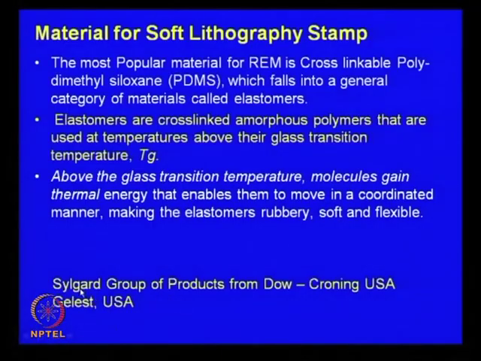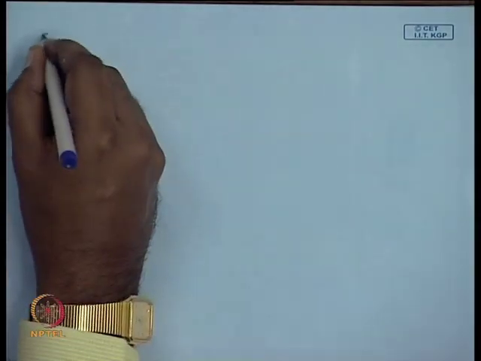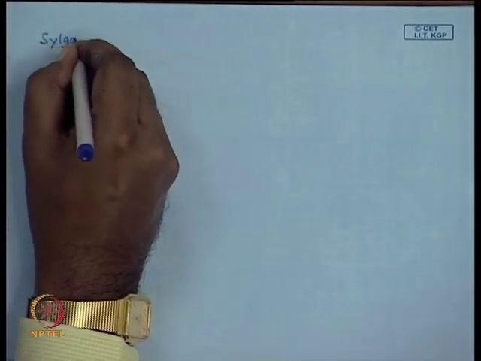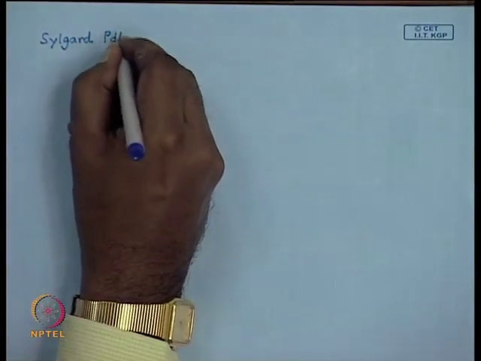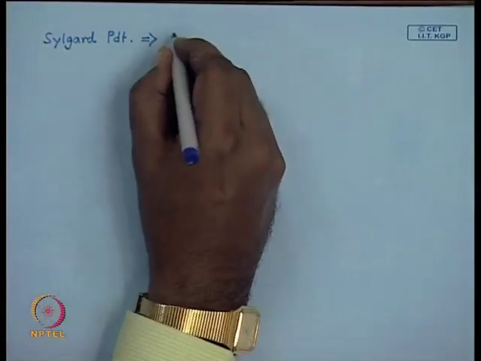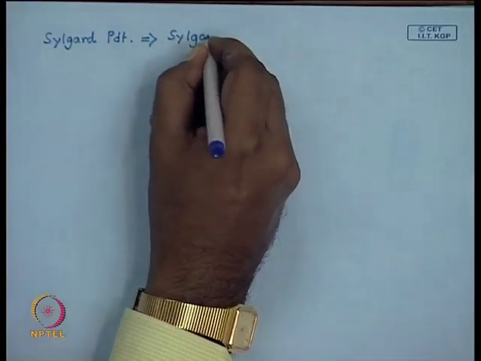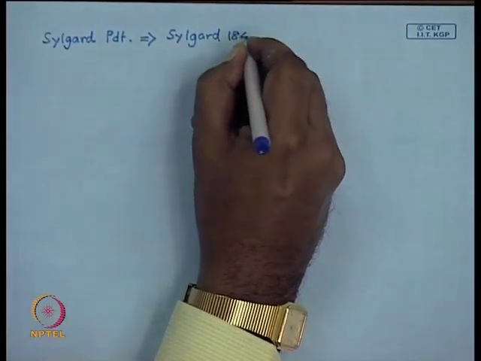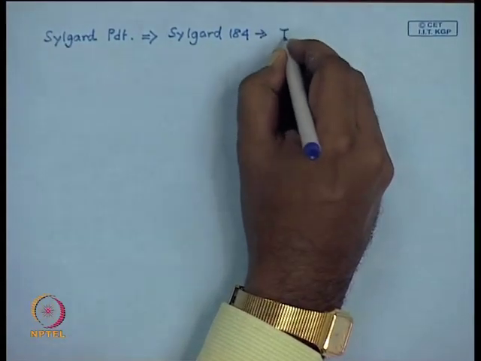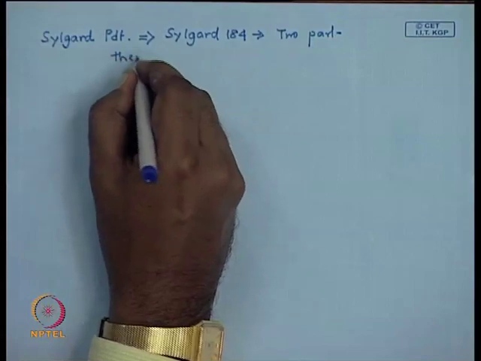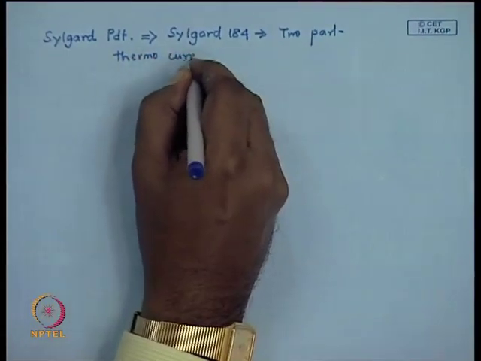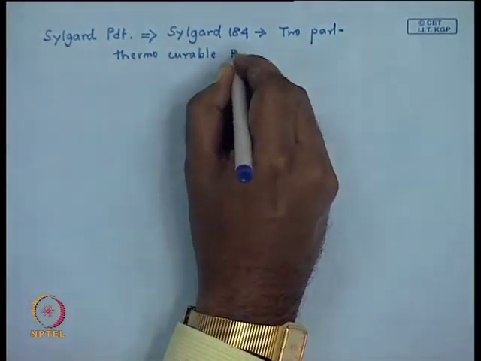Of course, there is another company called Gelest who also make commercial elastomers, but particularly you will find in most soft lithography papers or journal articles some Sylgard product or the other, the most popular of it being Sylgard 184, which is a 2-part thermocurable PDMS elastomer.